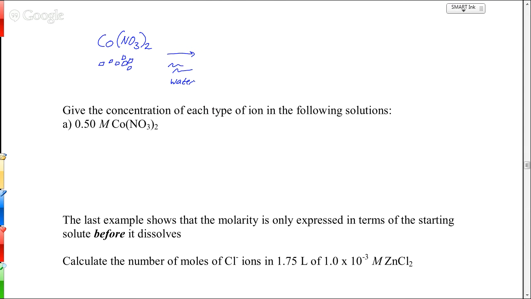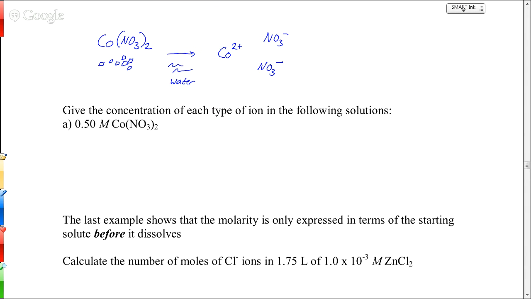The ions break apart. So for every 1 unit of Co(NO3)2, we're now going to have cobalt 2 plus ions and nitrate ions floating around. And those are going to be in this proportion of 1 to 2, because those nitrate ions are going to break up. There's going to be 2 of them.